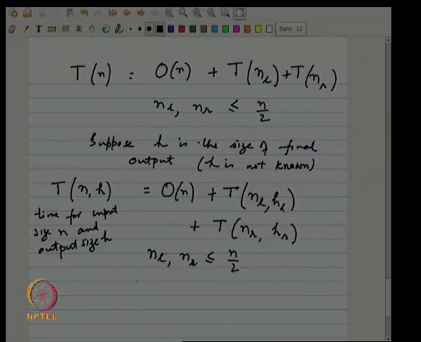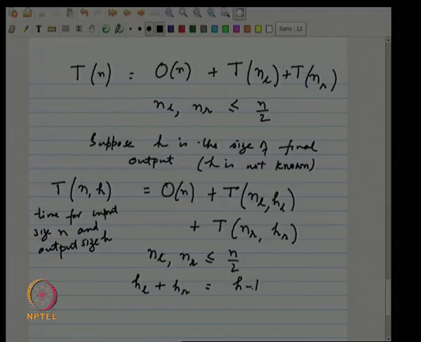What can I say about H L and H R? H L plus H R equals H minus 1, because we have found one stair of the staircase.